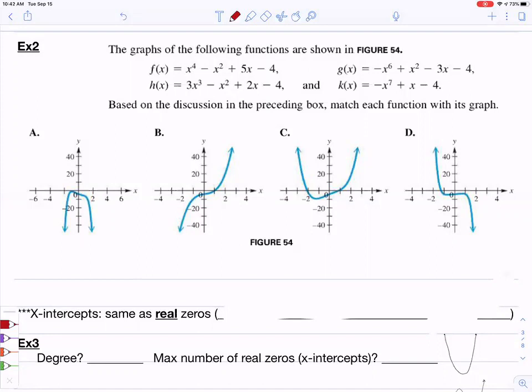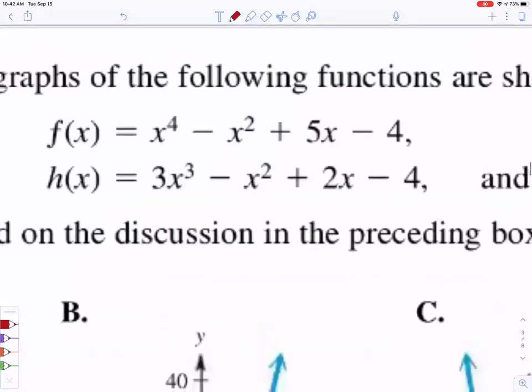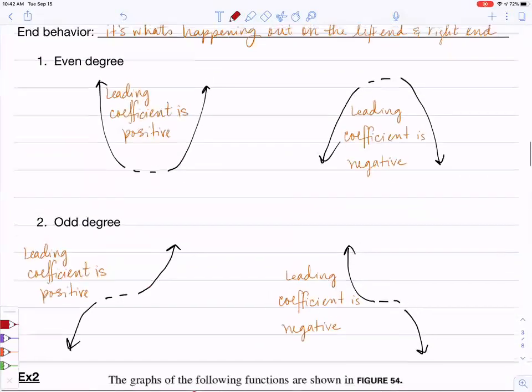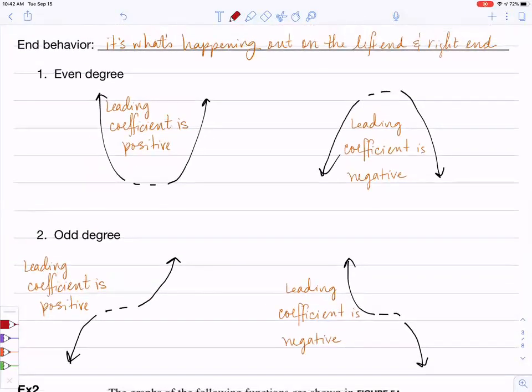Okay, so Dylan, can you look at the function for f of x? What's the degree? 4. Is the leading coefficient positive or negative? Positive. All right, so you're gonna go back to your notes from the video and you're going to decide.